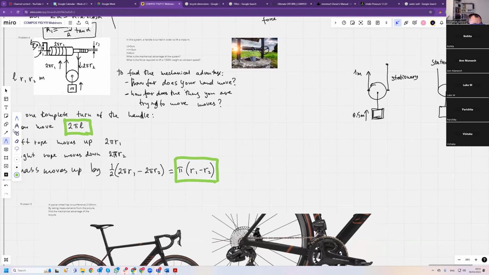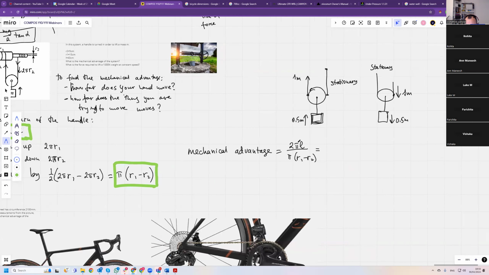And the mechanical advantage is equal to 2πL over π(R1 minus R2), where π cancels, so 2L divided by (R1 minus R2).